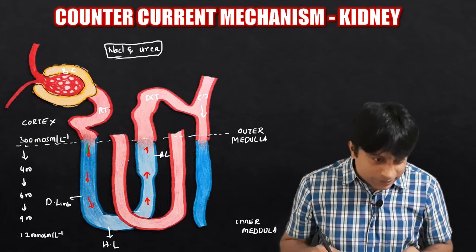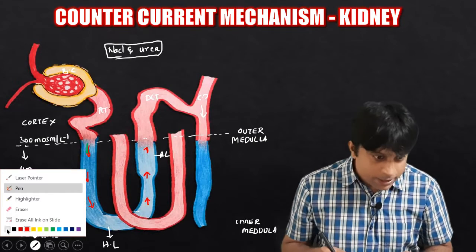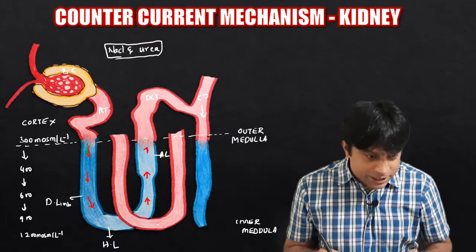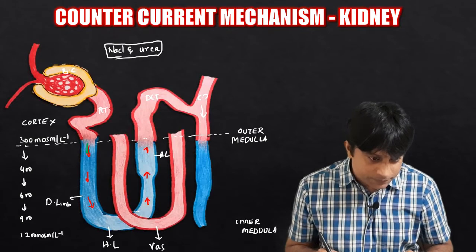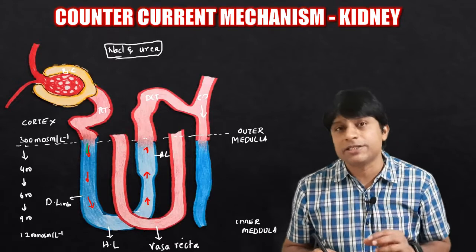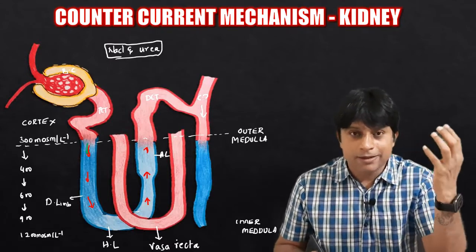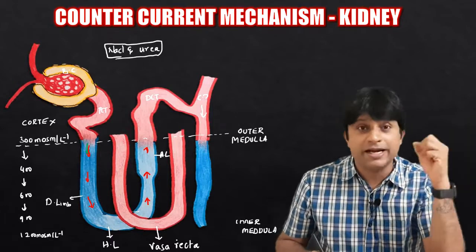Next. Near the Henle's loop, there is a vascular part. This vascular part is called vasa recta. It is a blood vessel. You may have a question about where this vasa recta has come from.